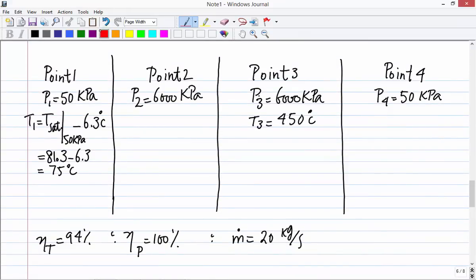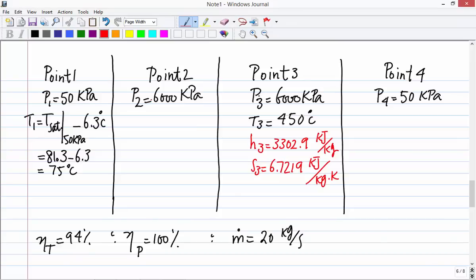H3 was 3302.9 and S3 was 6.7219 kilojoule per kilogram Kelvin. Okay, this is what I got so far.